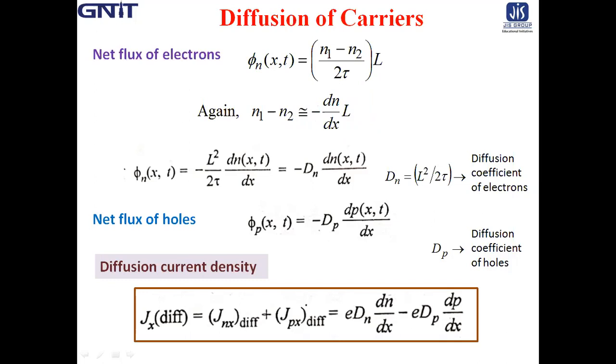The minus sign is due to the fact that electron concentration decreases in the positive x direction.